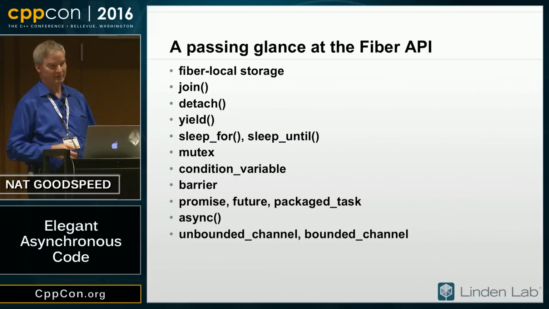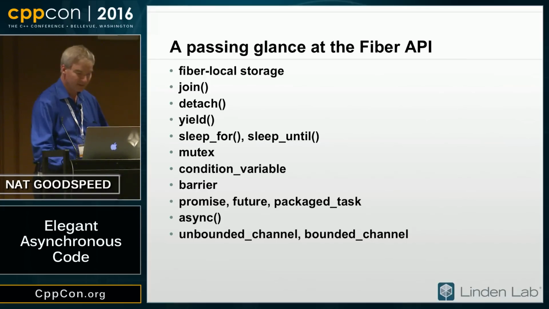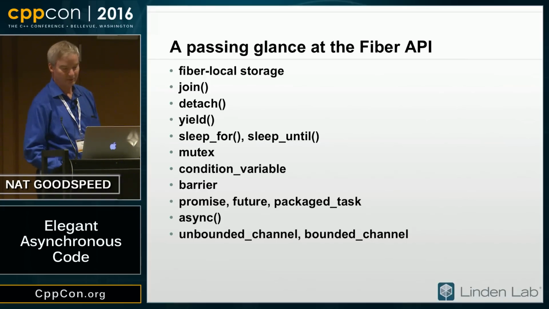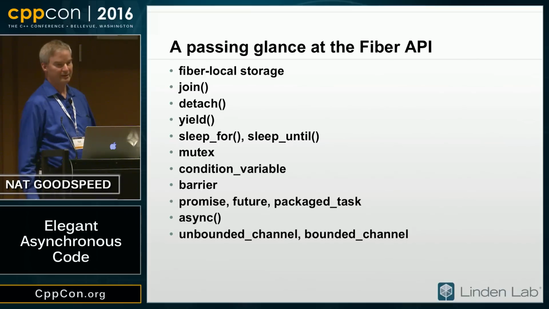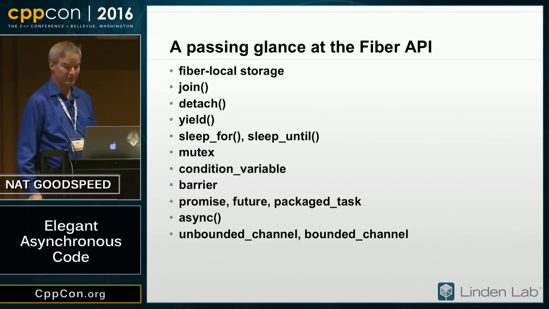A bounded channel imposes a user-specified limit, suspending the producer if it tries to exceed that limit. But I'm not going to walk you through each and every one of these because, quite aside from the fact that you can read about them yourself, the point of mirroring the thread API is you should be able to infer their semantics from prior knowledge of the thread API.